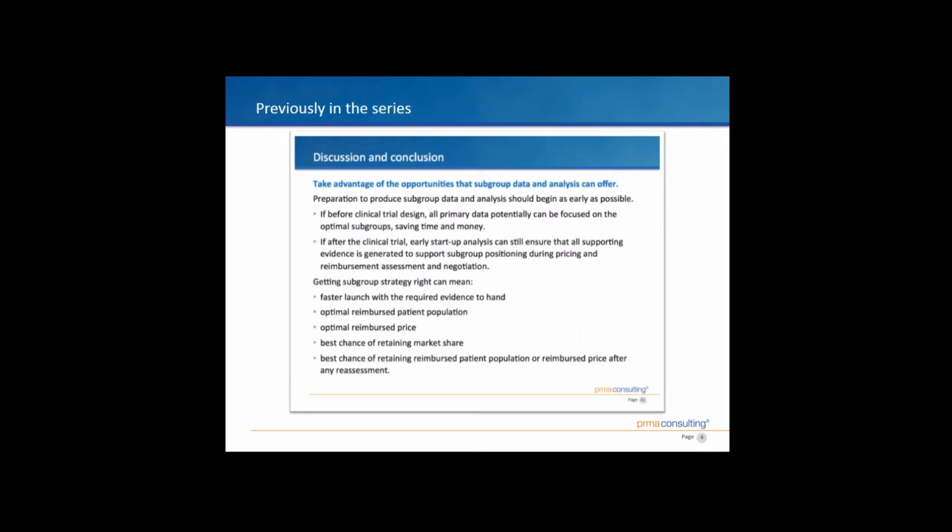The key conclusions from the first webinar focused around seeing subgroups as a potential opportunity and preparing for the HTA reality of subgroups early and also making informed trade-offs. We suggested that this can potentially lead to commercially better P&R outcomes if done appropriately.